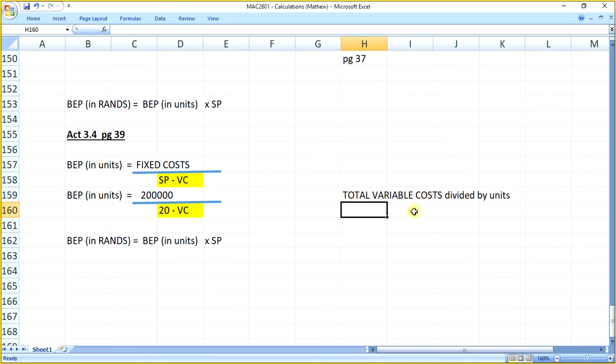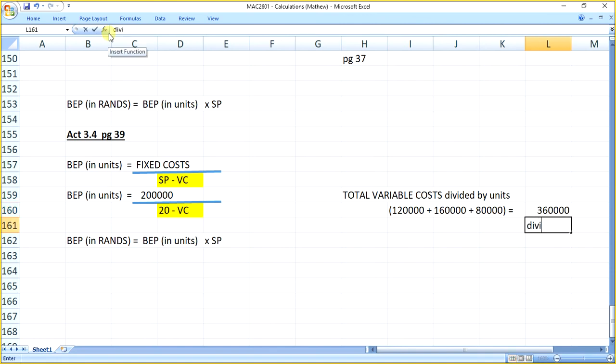So the total variable costs were, what's the total variable? We need to add it up. 360. Agreed.